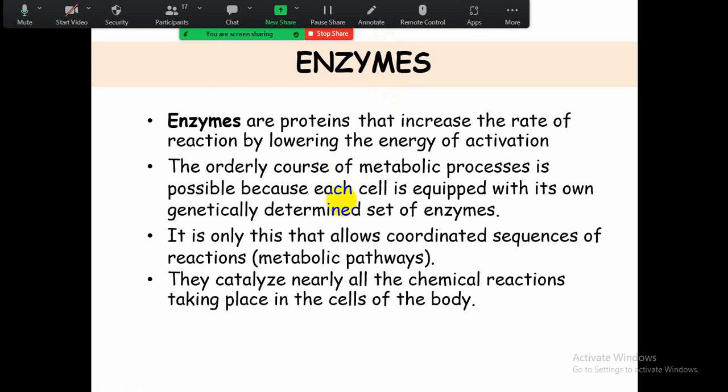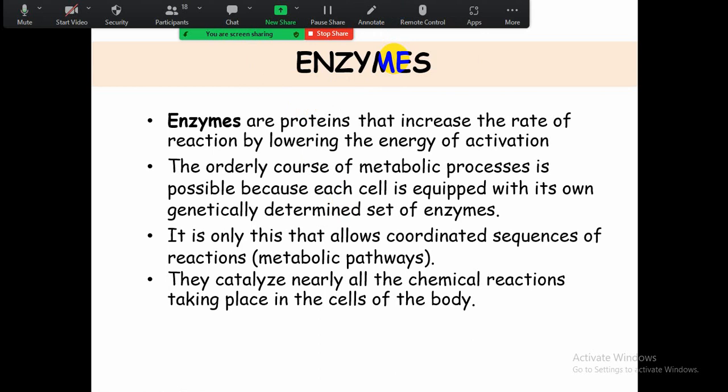So there are some enzymes in the eye, some in the heart, some in the kidney, and some in the liver, which are different from other places. It is only this that allows coordinated sequences of reactions or metabolic pathways.